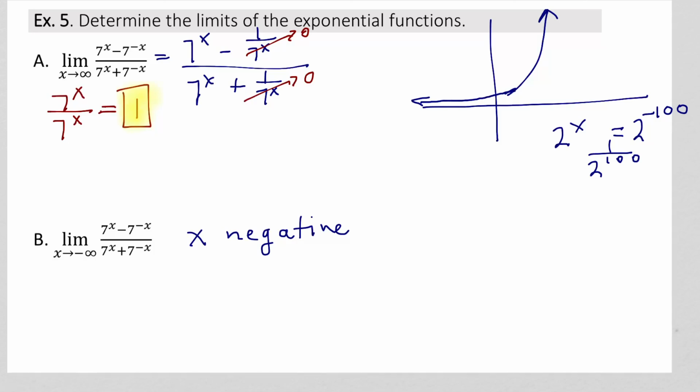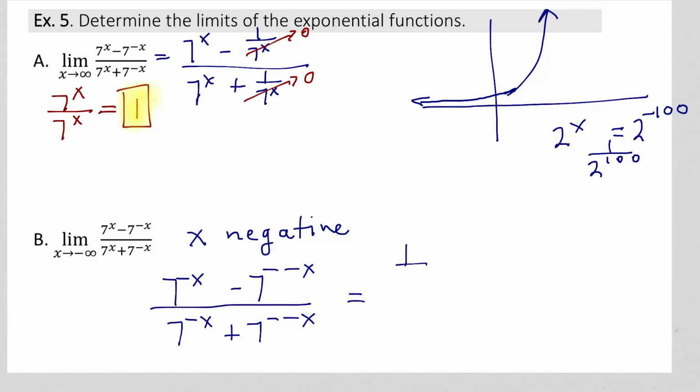This one is a negative number here, this one is a negative number here, and then this would become negative x, so that's going to become a positive number, and this one will as well. So we're actually thinking about 1 over 7 to the x minus 7 to the x, over 1 over 7 to the x plus 7 to the x.